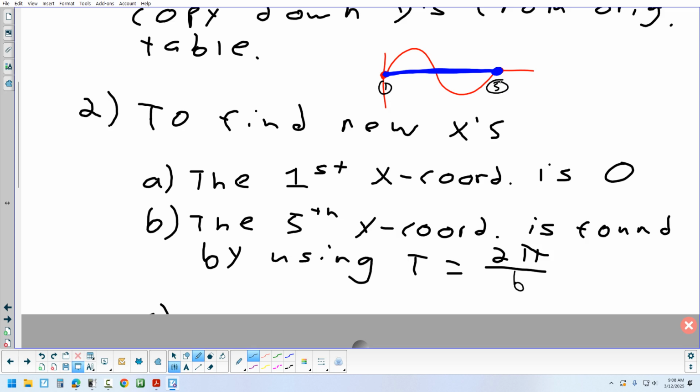Now, the next one we want to get is right there. That's the third point. What's the connection between the third one and the first and the fifth one? Where's the third one located? It's right in the middle, right? If I gave you two numbers, like 10 and 20, how do you find the one that's in the middle?